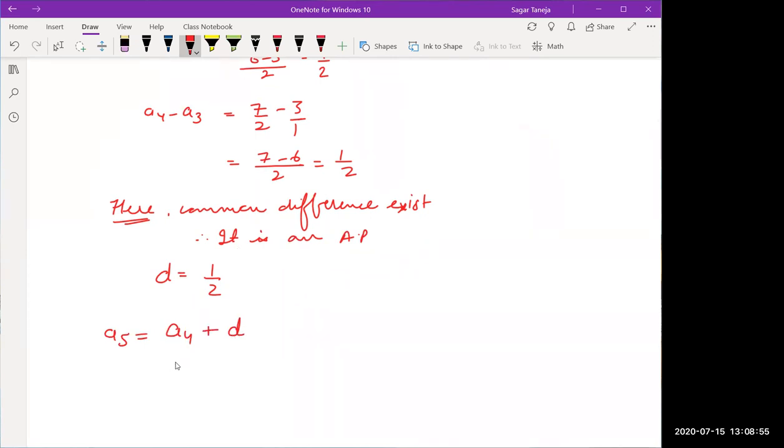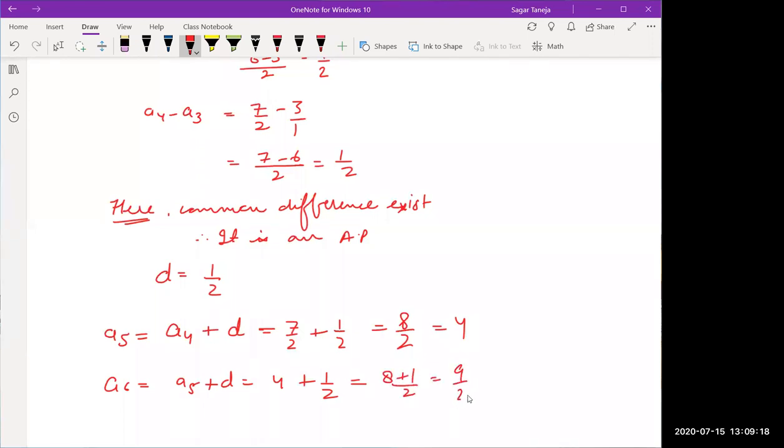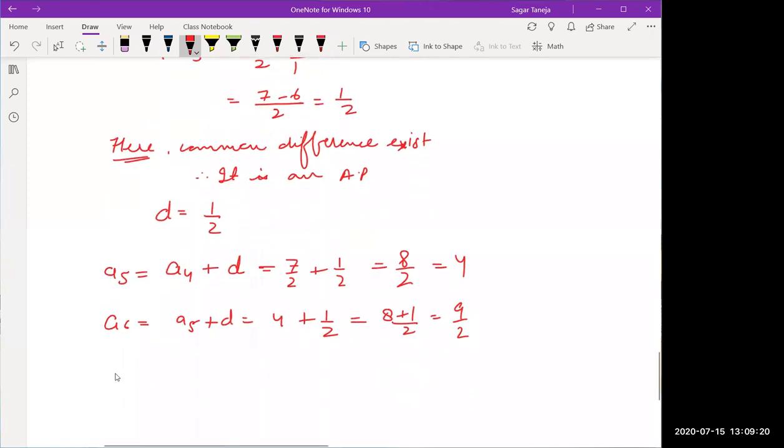So the 4th term is 7 by 2. Add the common difference, that is 1 by 2, it will become 8 by 2, and the next term is 4. Then the 6th term, that is the 5th term plus D, and the 5th term is 4, add this, after taking LCM, 8 plus 1 by 2, that will be 9 by 2. Then one more term is required, as they are asking for the next 3 terms.